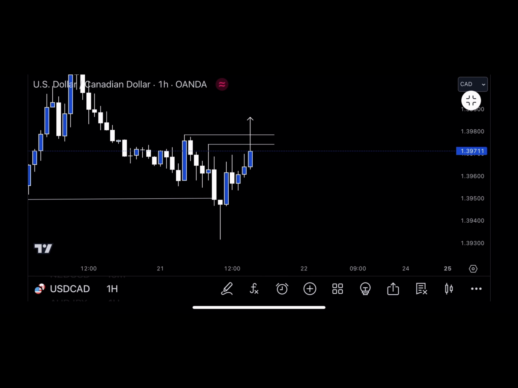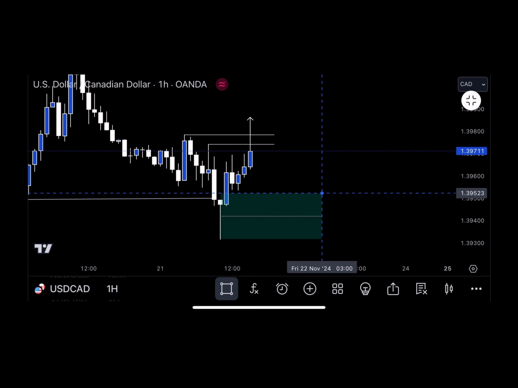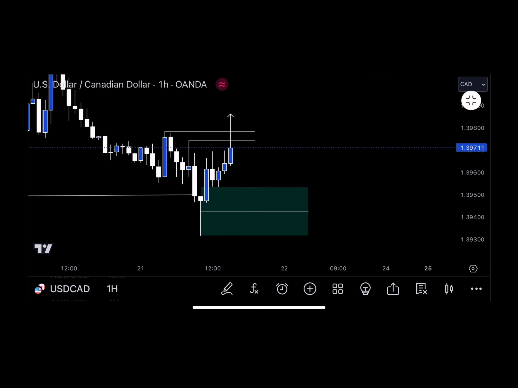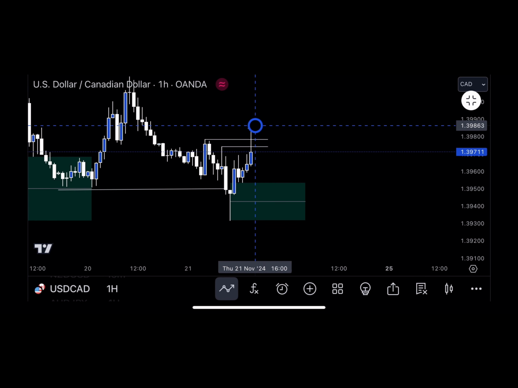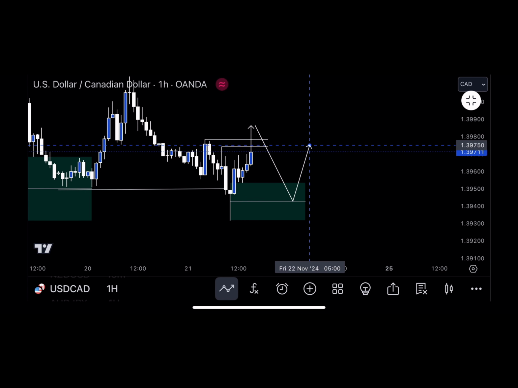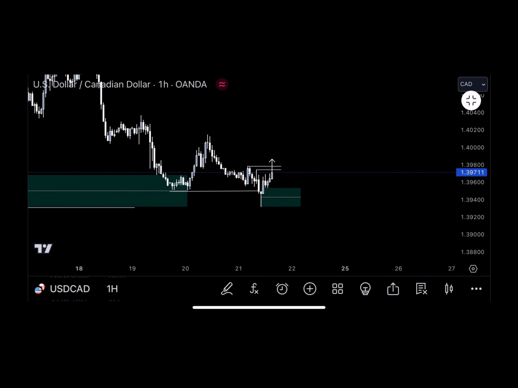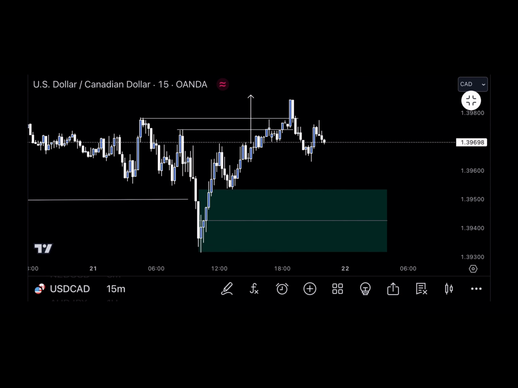As we can see here, this here is a clear demand zone. So we want the market to come down here, trace back down before going up our way. So we have to switch to the 15 minute time frame to see more details about this trade.